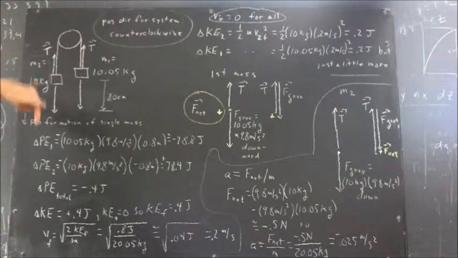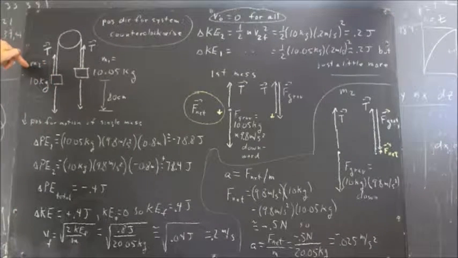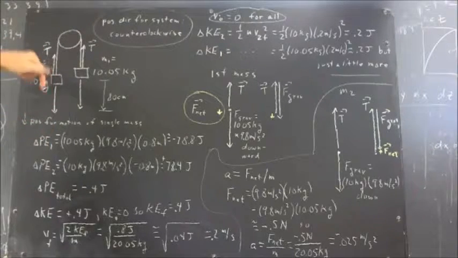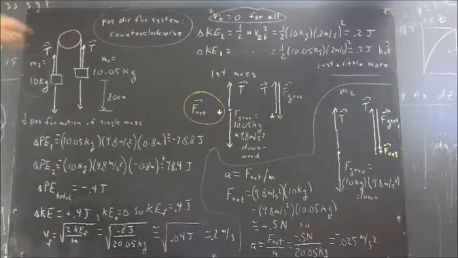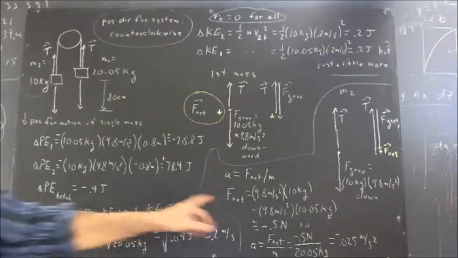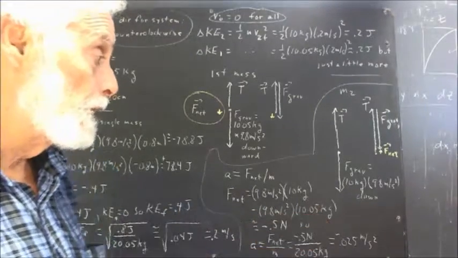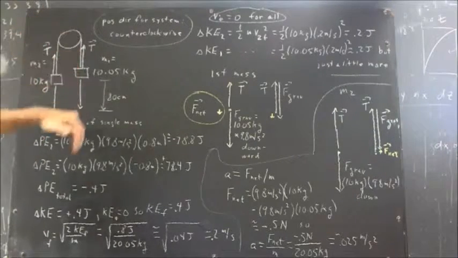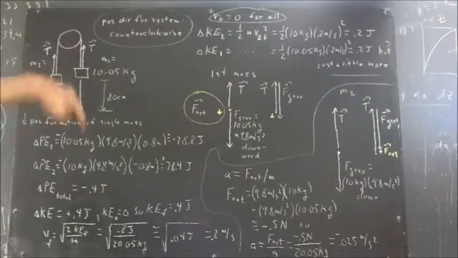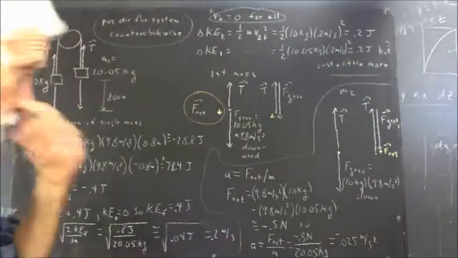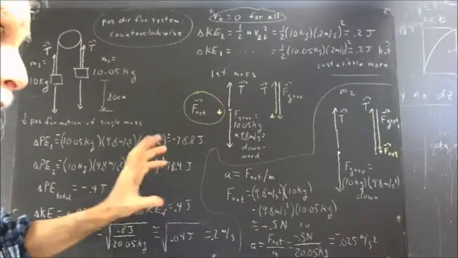That's the force that's applied to mass M2, because that's your 10 kilogram mass, and that force is going to be positive because it's tending to accelerate the system in the positive direction, the counterclockwise direction. The other force, 9.8 meters per second squared times 10.05 kilograms, is acting over here, and you can see that that's going to tend to accelerate the system in the clockwise direction, which is the negative direction for acceleration for this system as a whole.